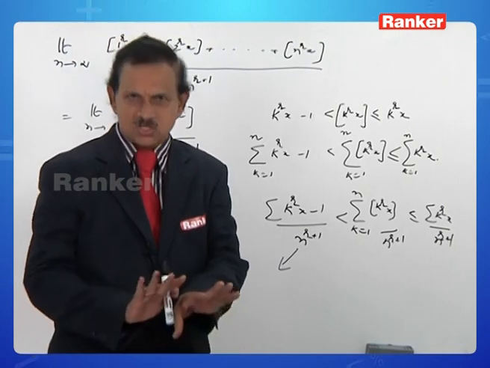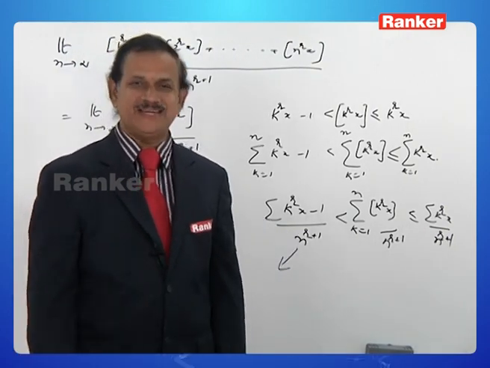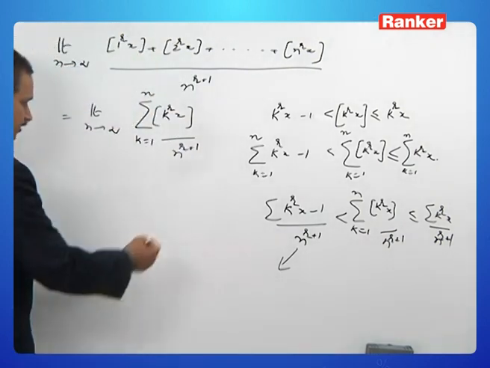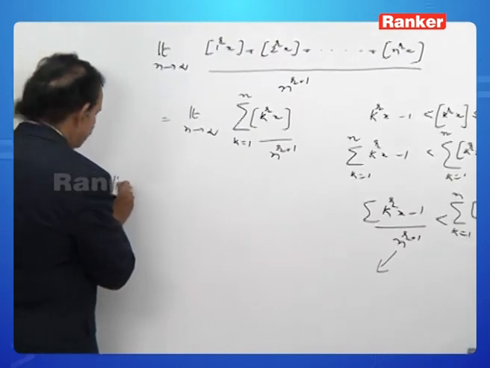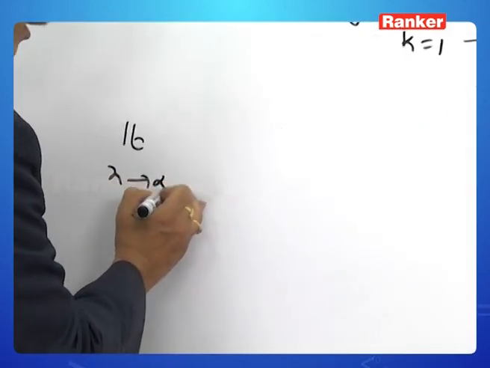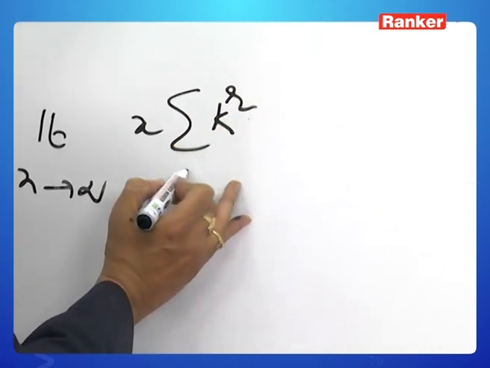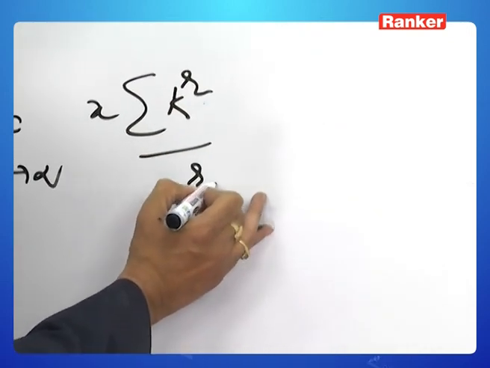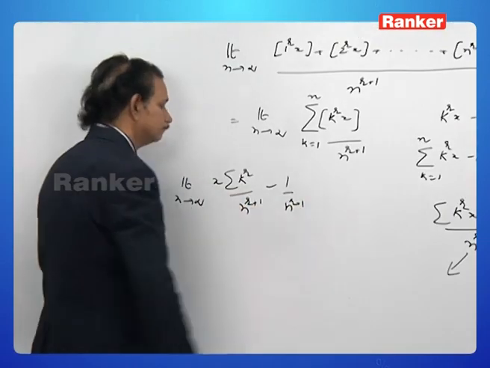Extreme left is the limit as n tends to infinity of x into sigma k power r by n power r plus 1, minus 1 by n power r plus 1.